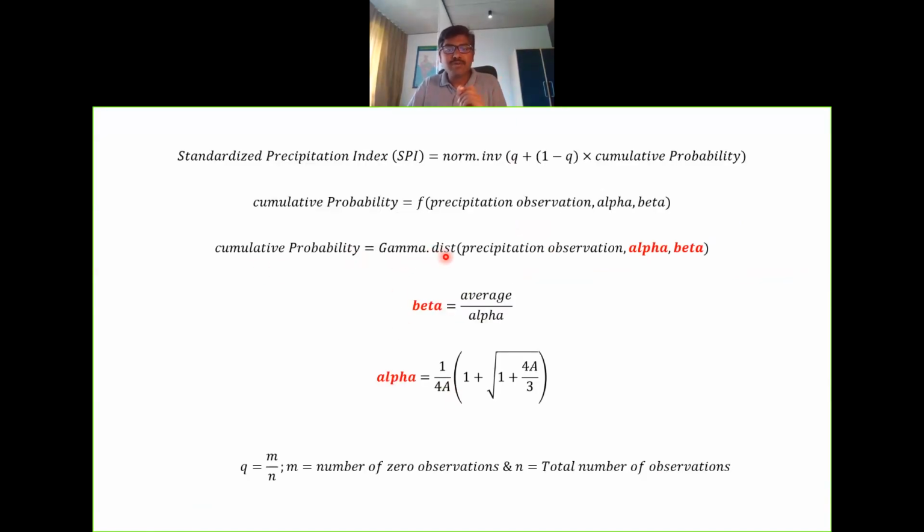Type gamma dot distribution and then provide the precipitation observation, alpha comma beta. This precipitation observation should be your entire 30 cells vector. If you have 60 monthly values, you can provide 60. If you have 15, you can provide 15. If you have 20, you can provide 20. All the observations.